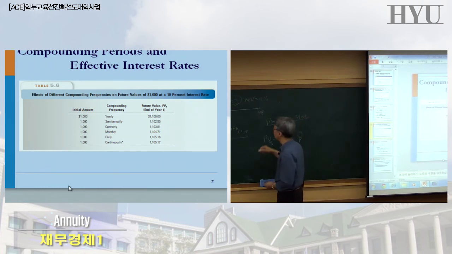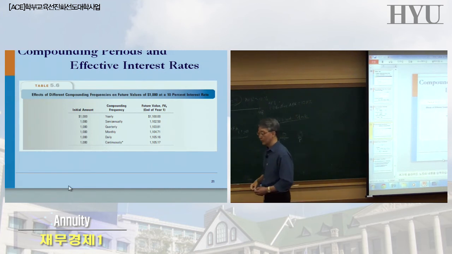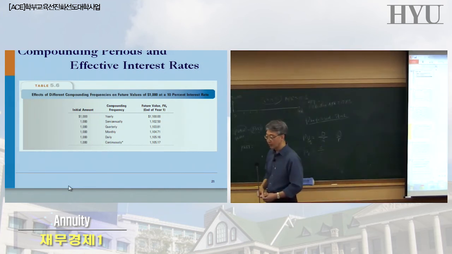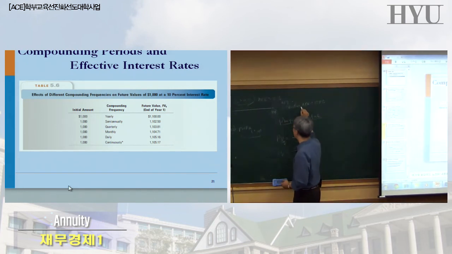And then sometimes they say annual percentage yield or effective APR is something like 12.8% or 13.1%. So they use these different terms, APR versus effective APR or annual percentage yield.